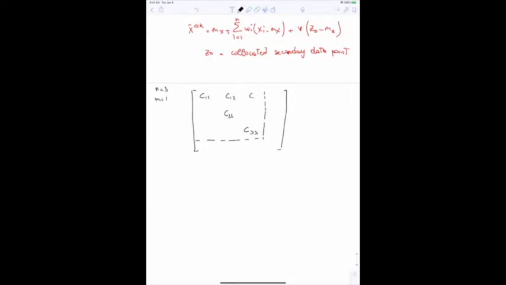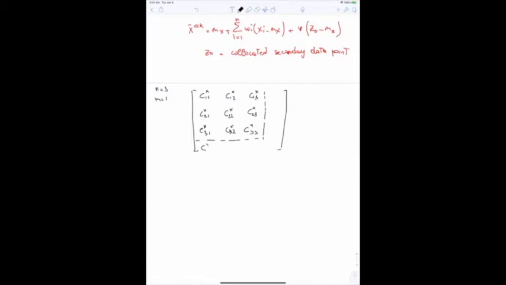This is C12, C13, C23, C21. Well, it's symmetric, so it doesn't really matter. So it's C31, C32. Okay. And this is for the variable x. So I'm going to write an x here, just to make it clear.